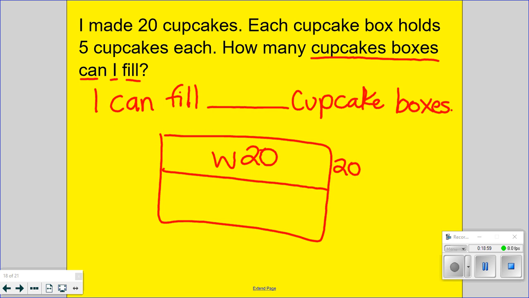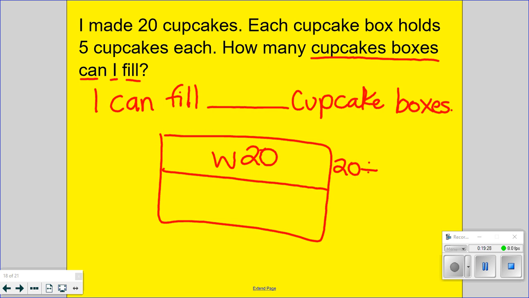Multiplication, I'm not sharing anything. Oh, you figured out? Division. It's division. I'm sharing. Okay. 20 put into blank equal groups. Do I know the number of groups? The number of boxes? Do I know the number of boxes?